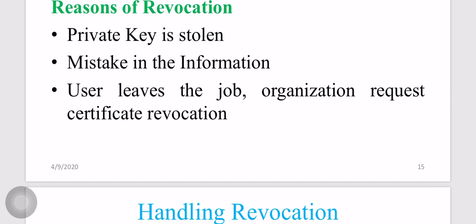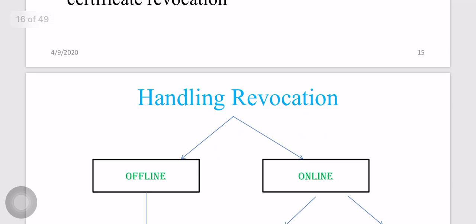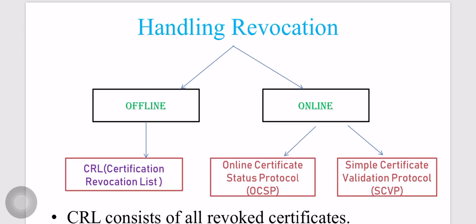So before leaving the organization, he has to submit everything back, and at that time the certificate revocation will happen. How will the certificate revocation happen? By using two important mechanisms. One is called the offline mechanism, and the second is called the online mechanism. How does the offline one work? As in the case of ledgers. I think we saw ledgers in banking sectors or any maintenance. We used to write all the names, person name, identification number, in time, out time, and all.